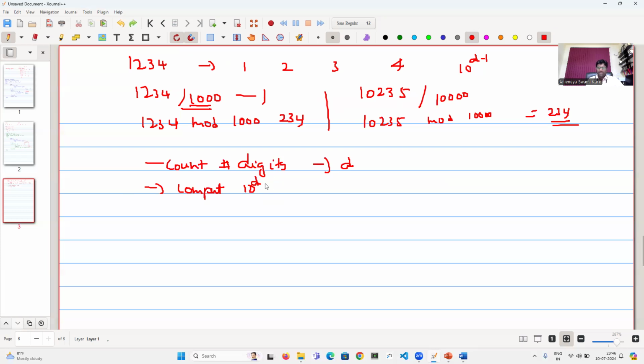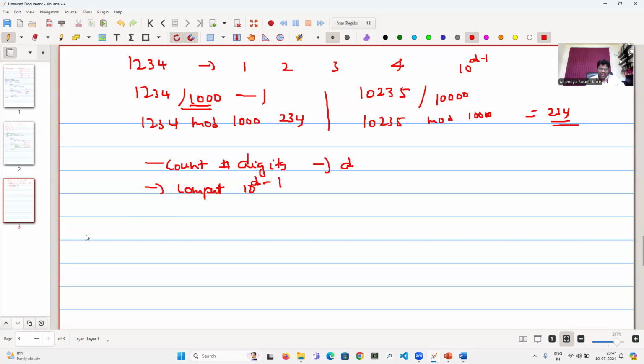Then perform the division with 10 to the d minus 1 and get the quotient. That will be our leftmost digit. To discard the leftmost digit, we need to do modulus with 10 to the d minus 1. For the next iteration, 10 to the d minus 1 becomes 10 to the d minus 2, because the number of digits is reduced by 1.